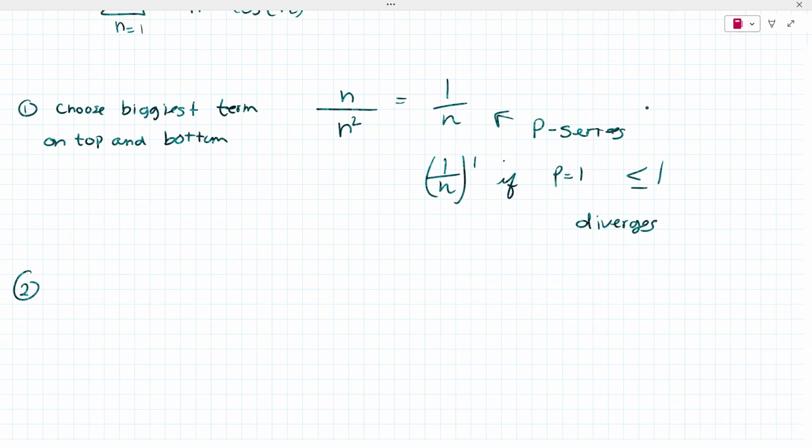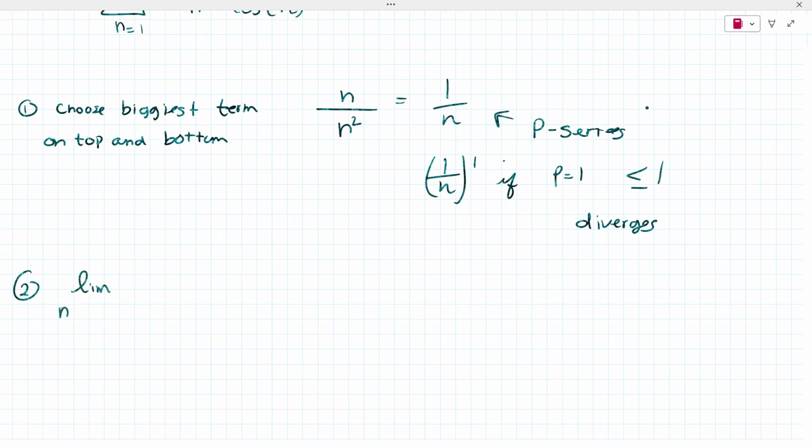Now do the one with the choice. We got to prove the choice also diverges.